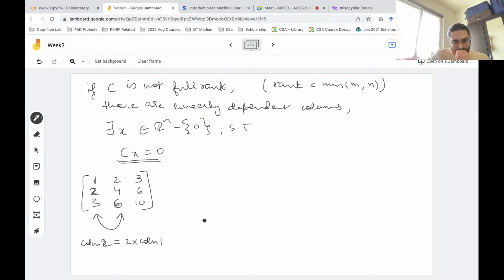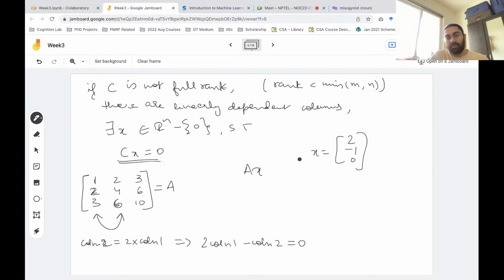So 2 times column 1 minus column 2 of this matrix will be equal to 0. Let's say this matrix is A. If I multiply this A with a vector x, where x is 2, minus 1 and 0.